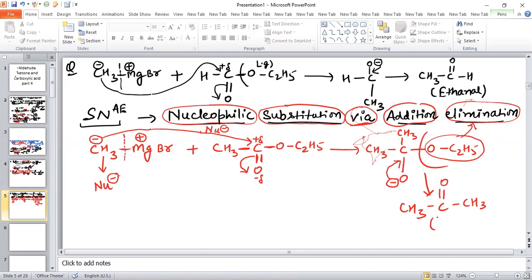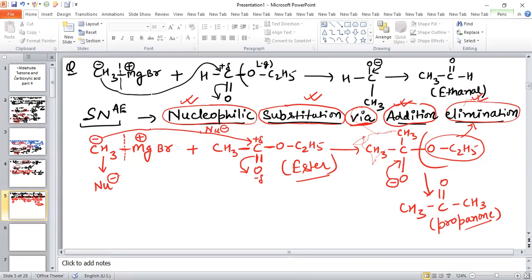Ketone is obtained as a product, that is propanone. So this is the preparation of aldehyde and ketone by using ester. This compound is basically ester, and the mechanism followed in this reaction is nucleophilic substitution via addition and elimination.